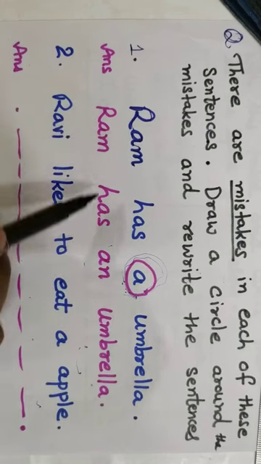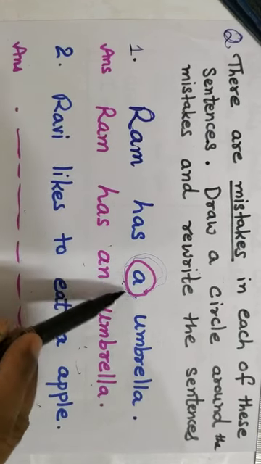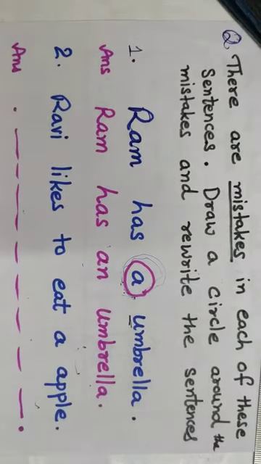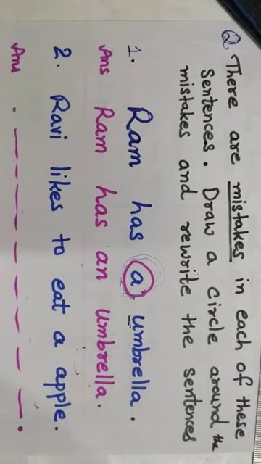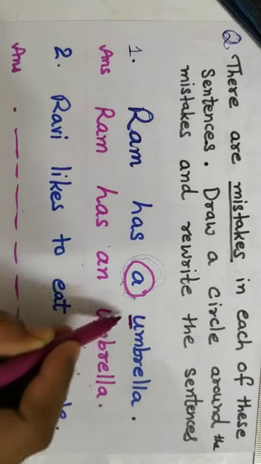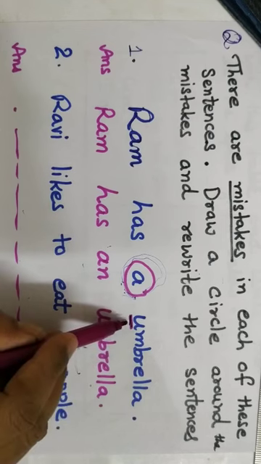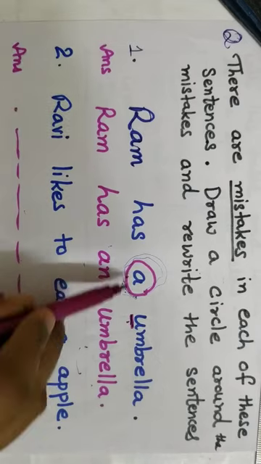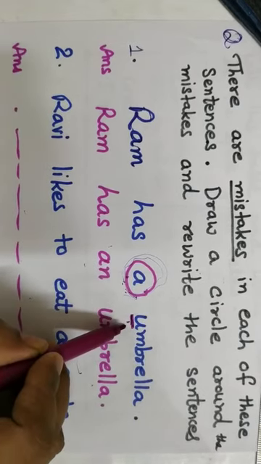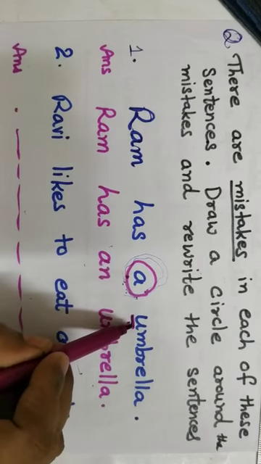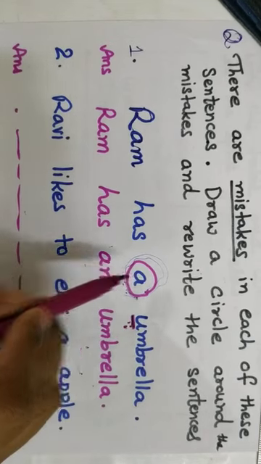Here it is written, Ram has a umbrella. A is wrong because U is here. See that U. What is U? U is vowel or consonant? U is vowel. So see, the word starts with a vowel, so we will write an before it. जो भी word अगर vowel से start होता है तो उसके पहले an यूज़ करेंगे. अगर ये consonant से start होता तो A यूज़ करते.